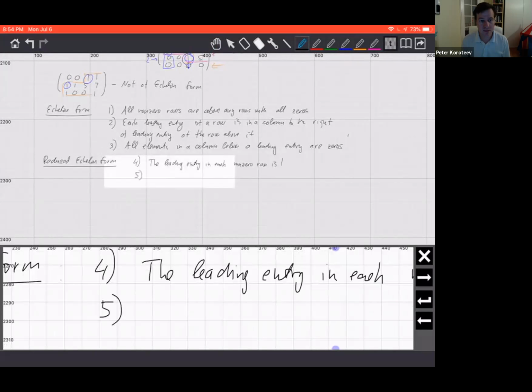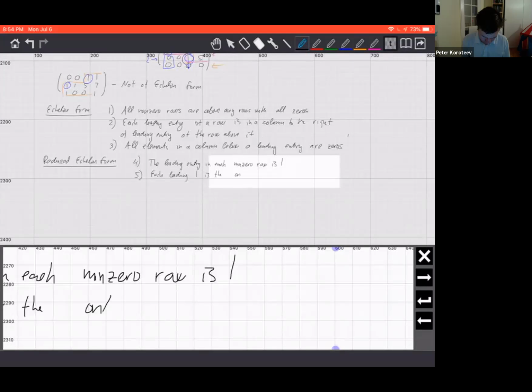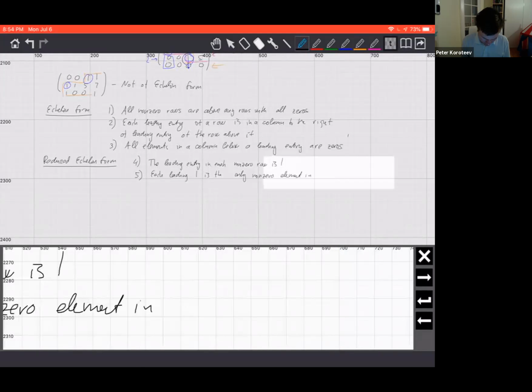And 5, each leading 1 is the only non-zero entry, or non-trivial element, in its column.